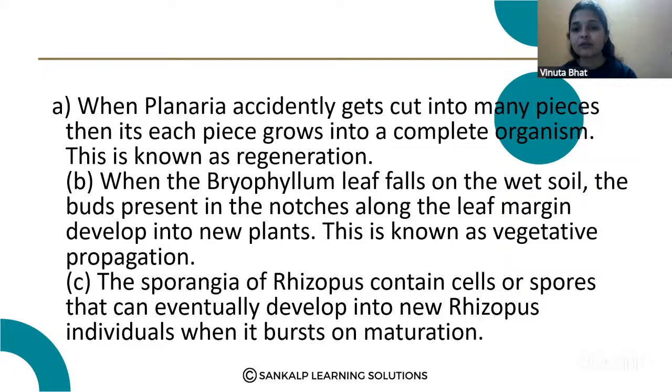When the Bryophyllum leaf falls on wet soil, the buds present in the notches of the leaf margin develop into new plants. This is vegetative propagation. The sporangia of Rhizopus contain spores, and when they burst out, the spores reach the substratum and develop into a new Rhizopus individual.